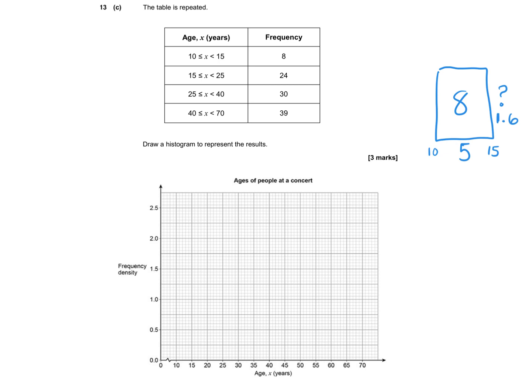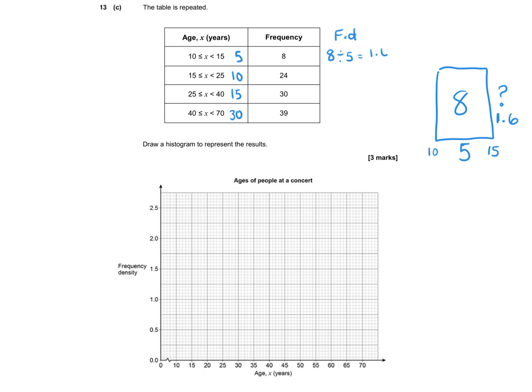So I'm going to go ahead and calculate all my widths first. So I have 5 here, and then 10, and then 15, and then 30. And over here, I'm going to calculate all of my frequency densities, or my heights of my rectangles. I'm going to do those by taking my area, or my frequency, and dividing by my width.